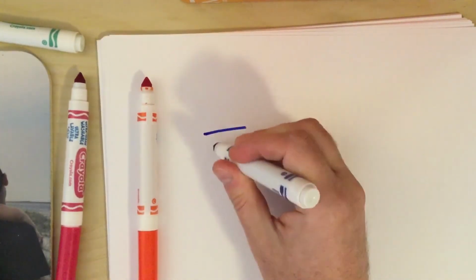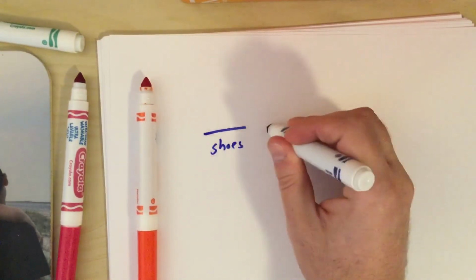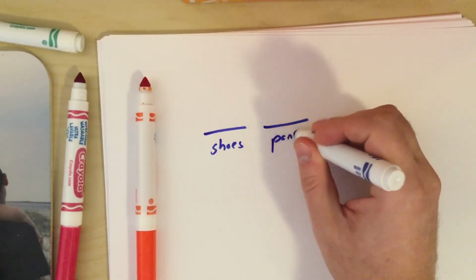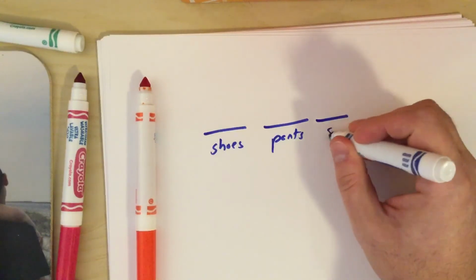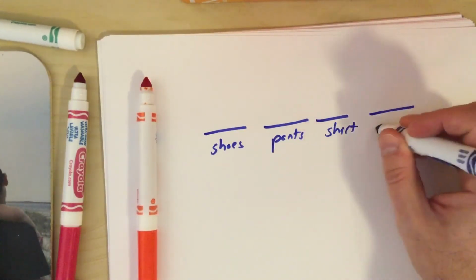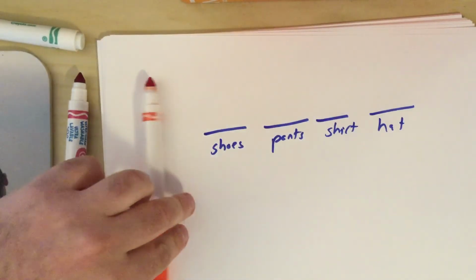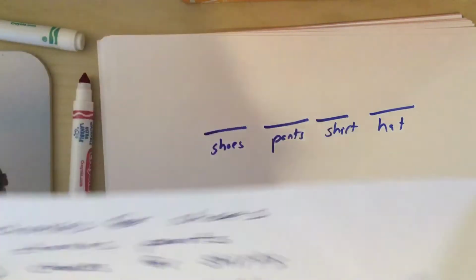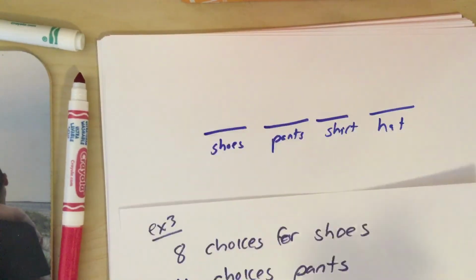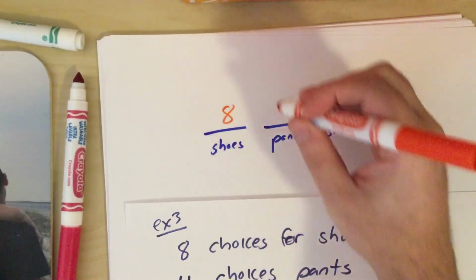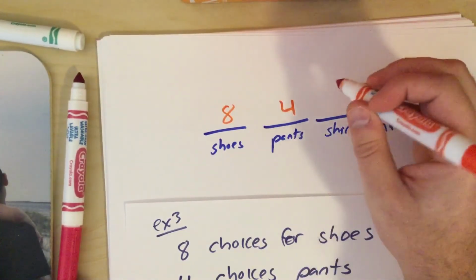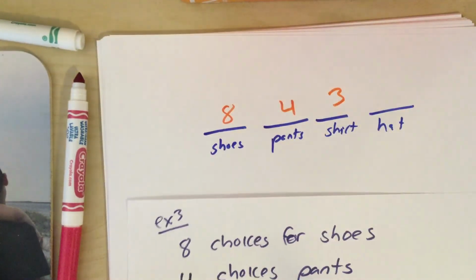So what we know is that we have our shoes, and our pants, and the shirts, and the hat. And how many choices do we have for each of these? Going back to the example, we had 8 choices for shoes, and 4 choices for pants, and 3 choices for shirts.